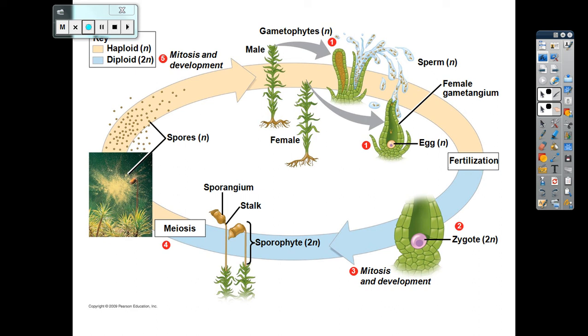All right, so back to this. We're starting with the moss in that. Notice you have more yellow here than we have blue. What did the yellow represent again? The haploid version. The blue is the diploid version. So with something simple like moss, a non-vascular plant, they spend the majority of their time as a haploid organism.